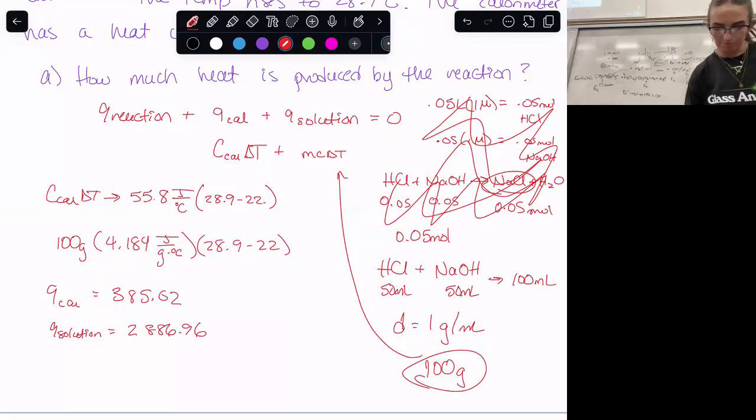So then you can add that up, because the Q reaction is equal to 385.02 plus 2886.96.